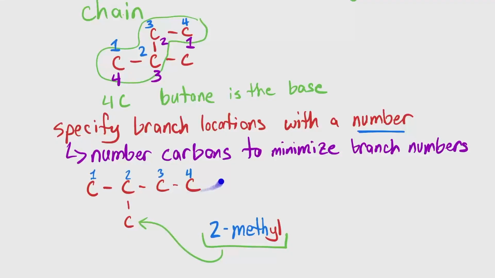And then our base chain is how many carbons? 4. And what's our base for 4? But, or but. And we have all single bonds. So that but is for 4 carbons.